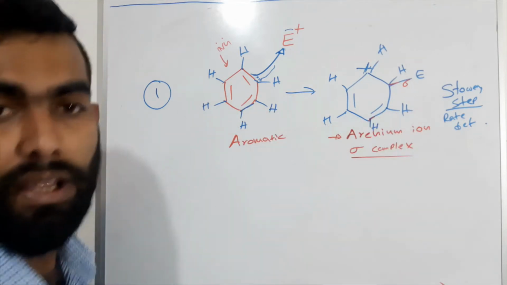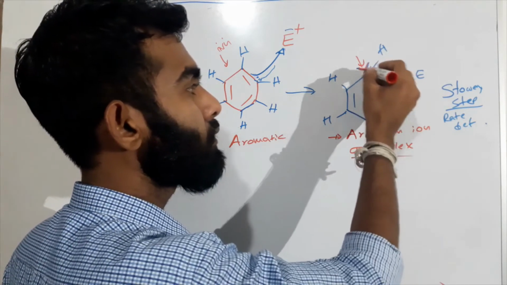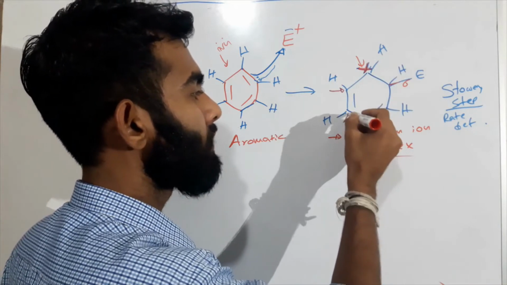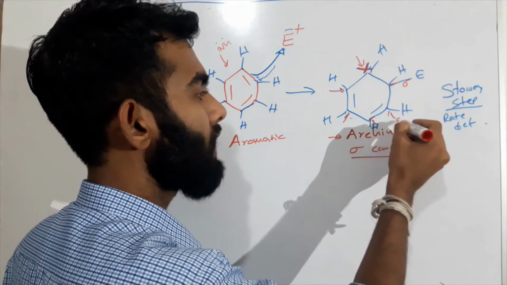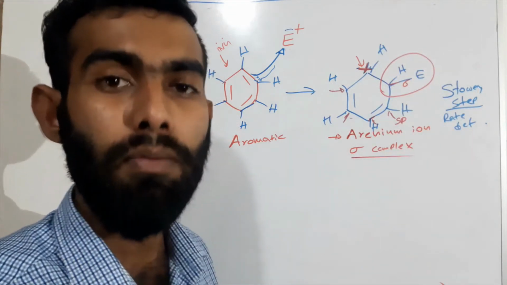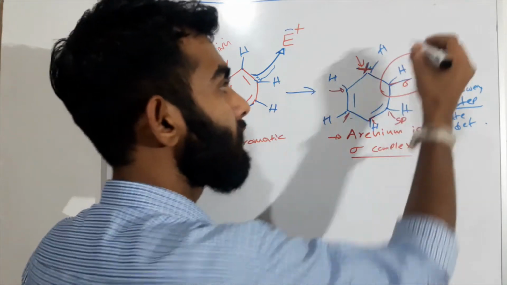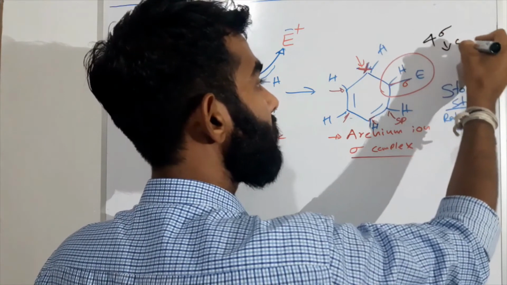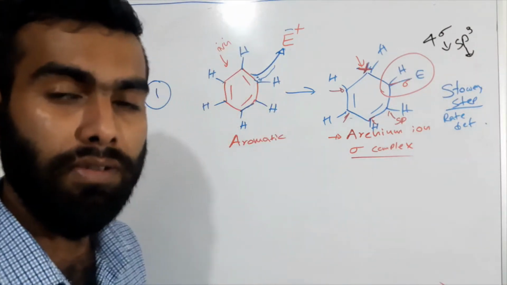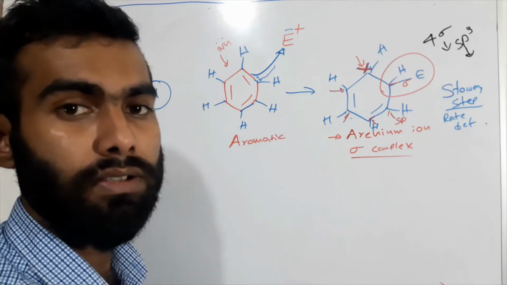What about the arenium ion? All of these carbons, including this positively charged carbon, all of these 5 carbons are sp2 hybridized, but this electrophile-attached carbon contains 4 sigma bonds. 4 sigma bonds mean it is sp3 hybridized. sp3 hybridized means its geometry is tetrahedral, not trigonal planar.